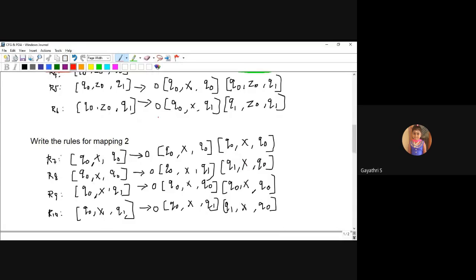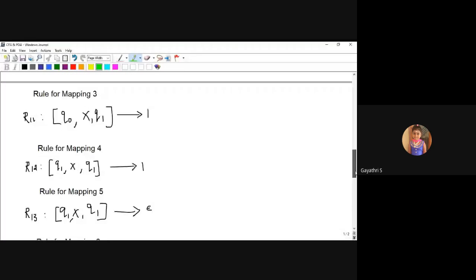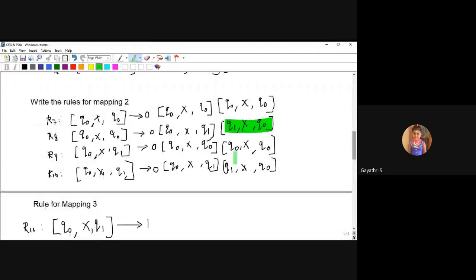You will also check, is there any left hand side production to replace Q1 x Q0? There are no productions, so I will eliminate Q1 x Q0.